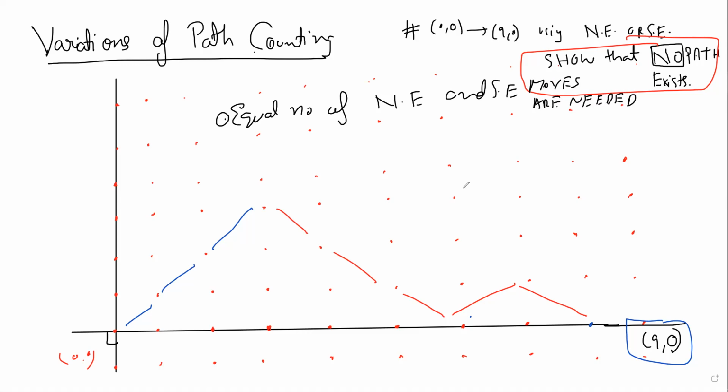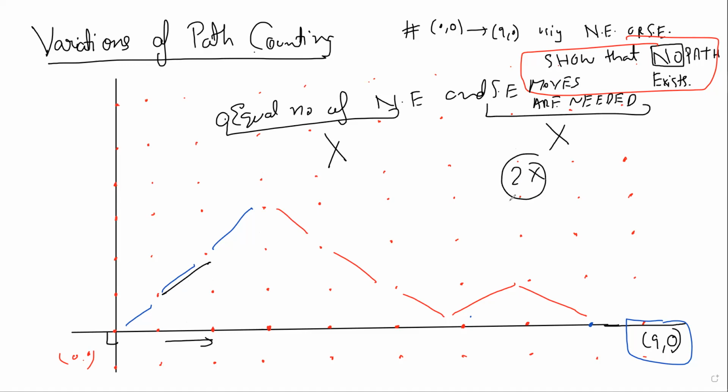But this also has to be said: every time you make a northeast move, you are moving one step to the right. So if you take X northeast moves and X southeast moves, then you would make 2X total moves. And that means you would move 2X steps in the right direction.